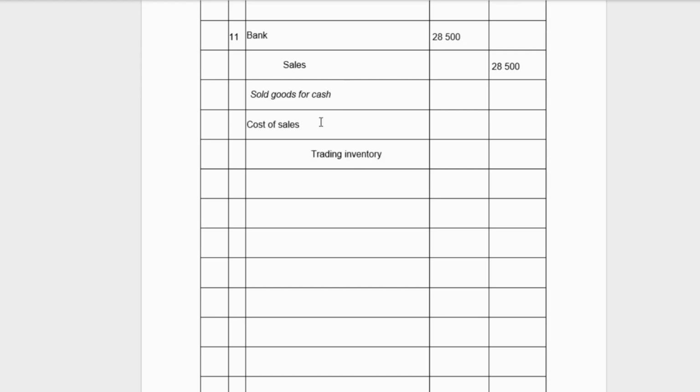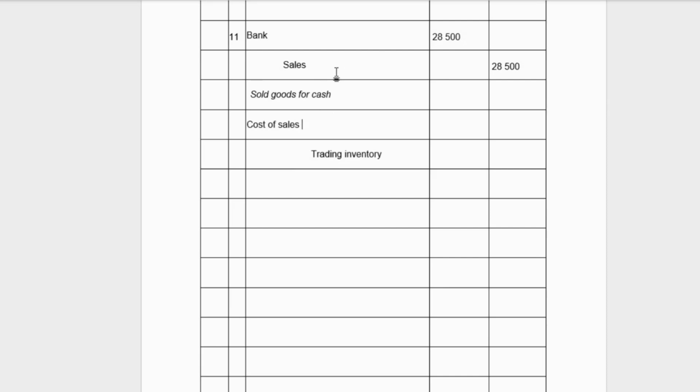And then we are going to calculate the cost of sales.